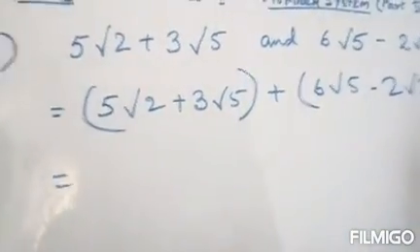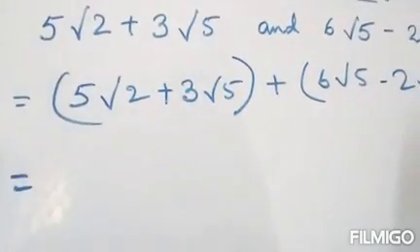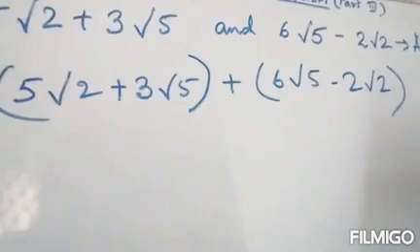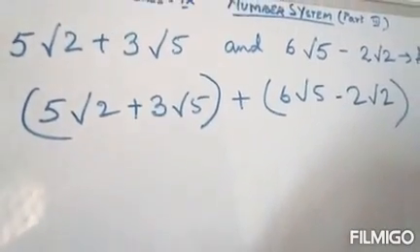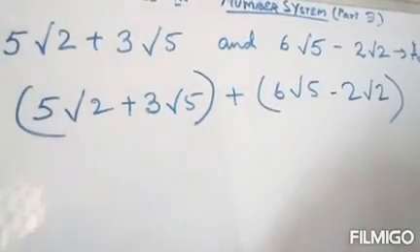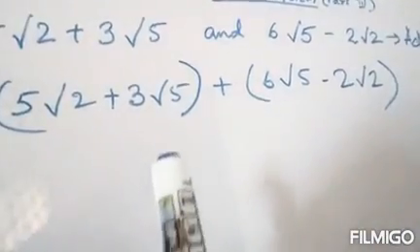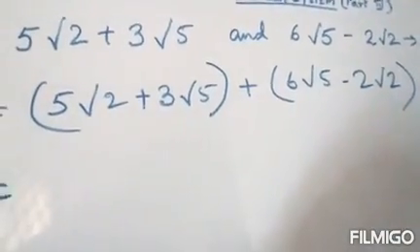We know that if it was 5 plus 6 it would be easy, but now we have 5 root 2, 3 root 5, 6 root 5 and 2 root 2. What we will try to do is group the like roots into one section and the others into another section. So let's try.